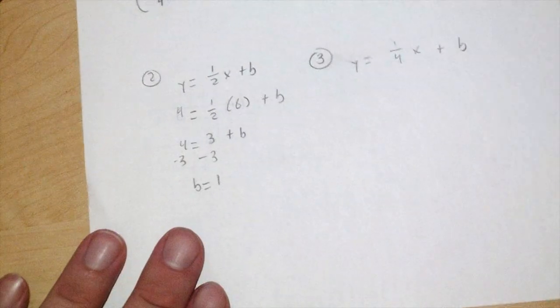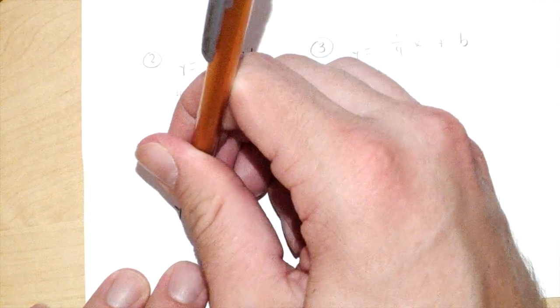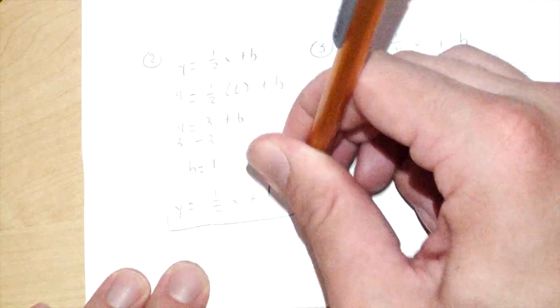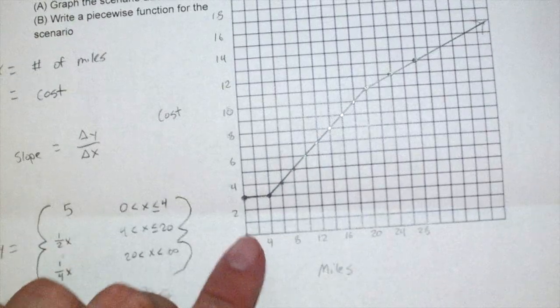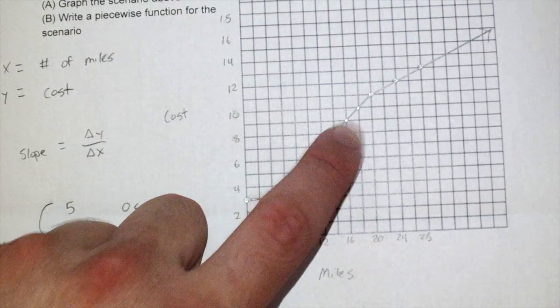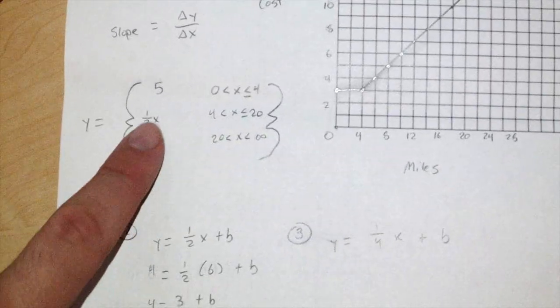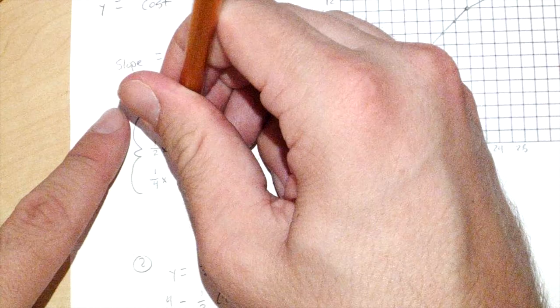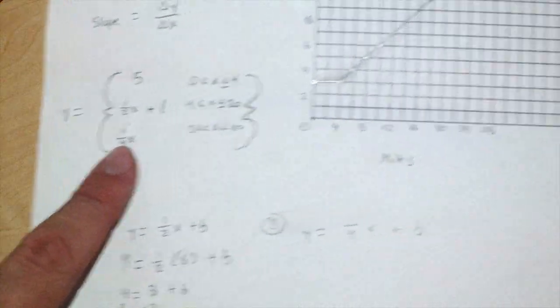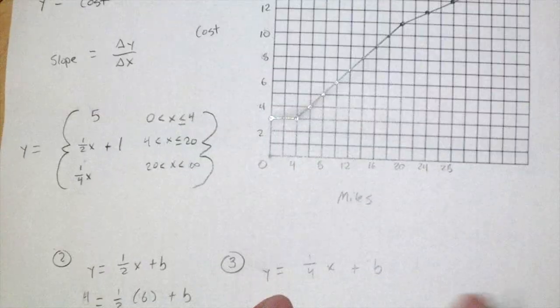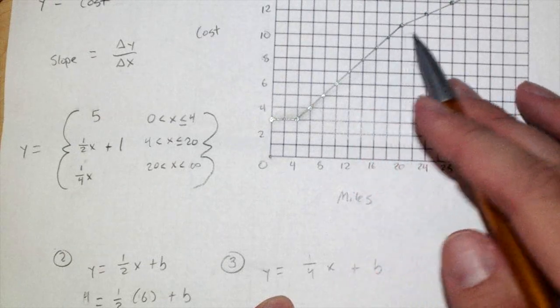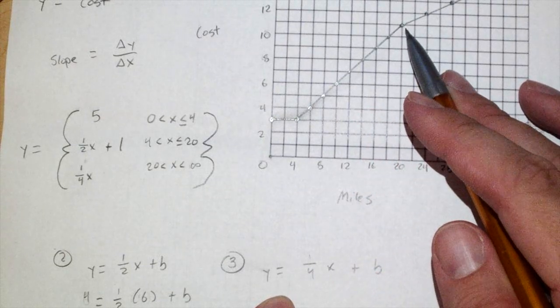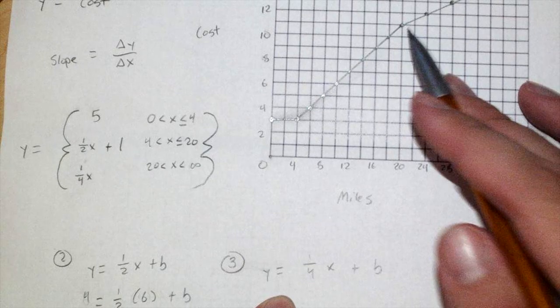I'm going a little fast through stuff I've done a few times, but we figured out that equation. y equals 1/2 x plus 1. So that's going to go here. And we can do the same thing for the last part of it. Let's plug in this point, 20, 11.